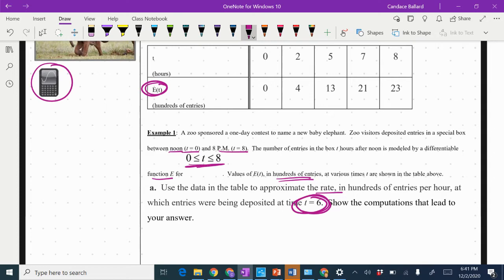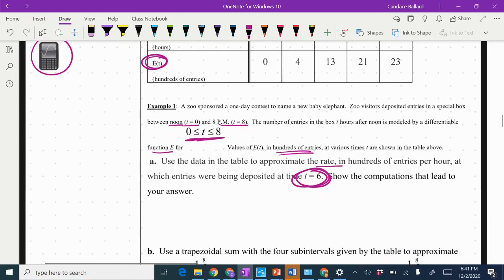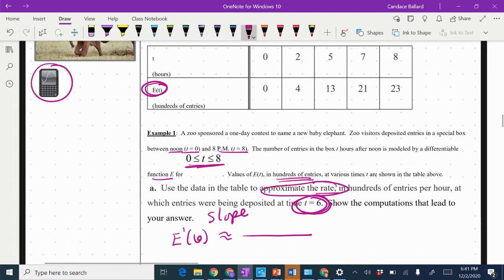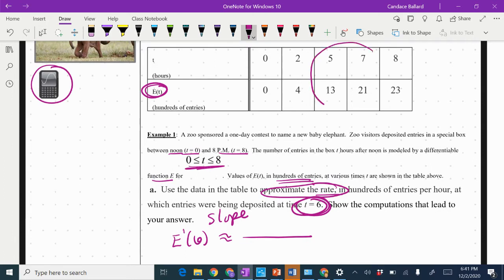So in this type of problem, look, it's a table problem. We're supposed to use the table to approximate a rate. This means we are calculating the slope with the slope formula. So the notation we would use is E prime of 6 is approximately equal to, so I'm going to go to my table. I notice 6 would be between 5 and 7. So those are the values I want to use. So what I really need to find is E of 7 minus E of 5 over 7 minus 5.